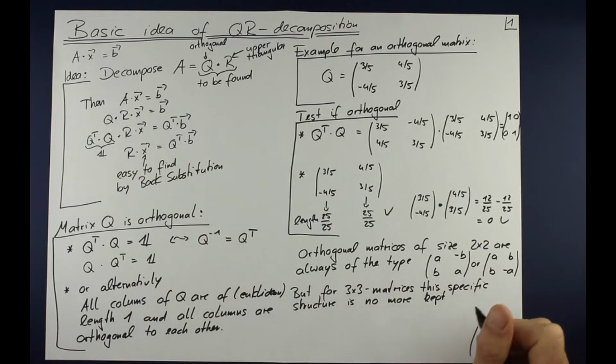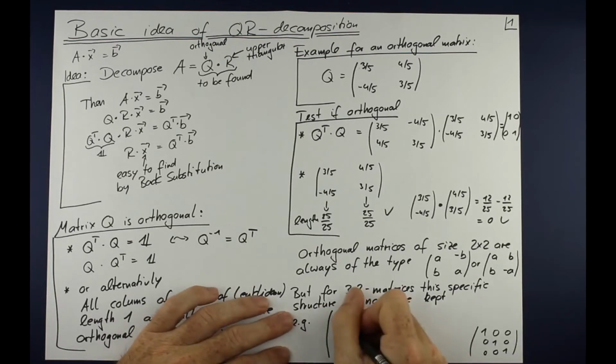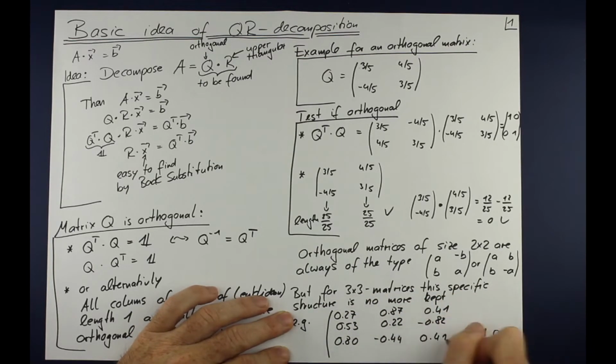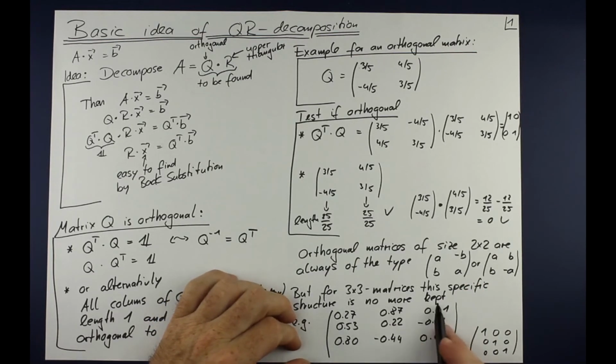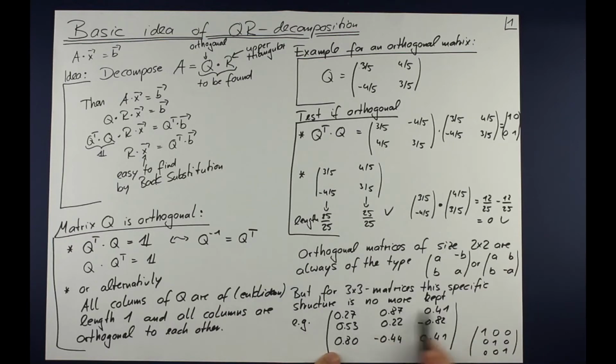Let's write down an example of a 3 by 3 orthogonal matrix. This is a 3 by 3 matrix and this one is also orthogonal. The digits are rounded versions, so if you recalculate it will not be exactly true, but that has to do with rounding errors.